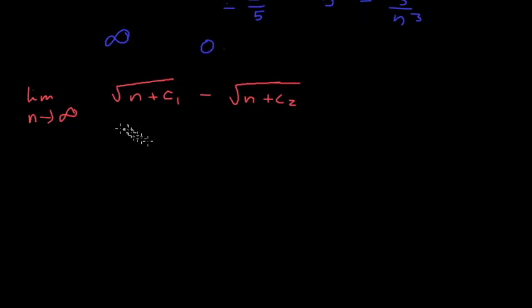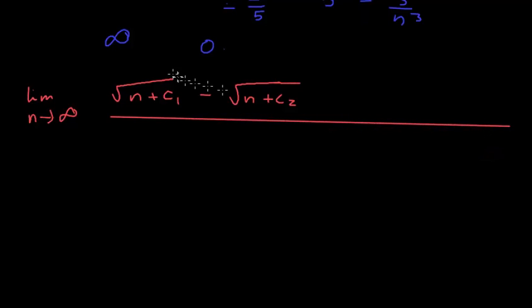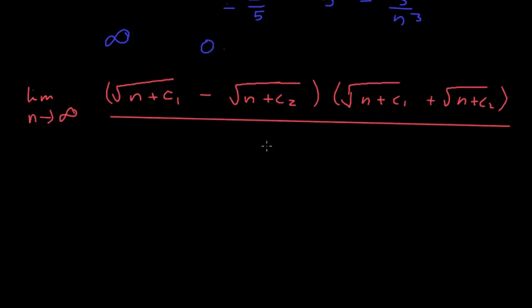Let's see. If we multiply and divide by the conjugate of this, then things should be much easier. Square root of n plus c1 minus square root of n plus c2, times square root of n plus c1 plus square root of n plus c2, over square root of n plus c1 plus square root of n plus c2. So this gives us a squared minus b squared, it's a minus b times a plus b.